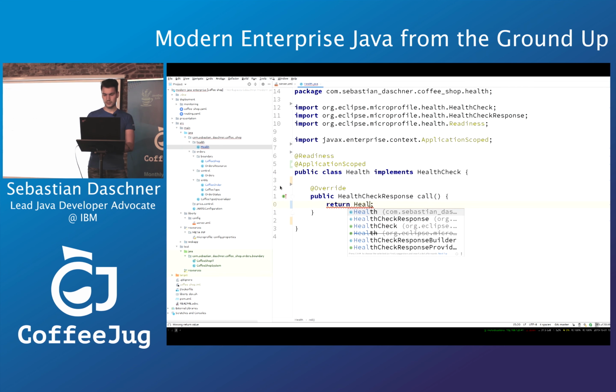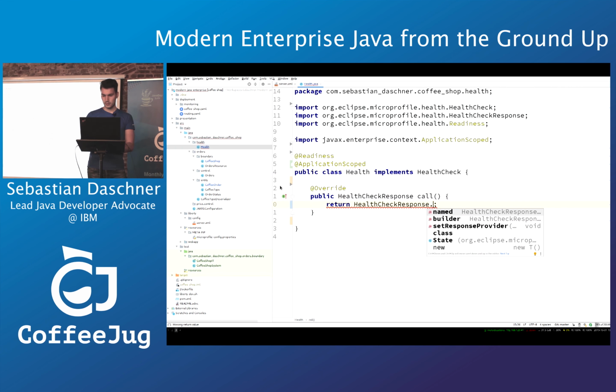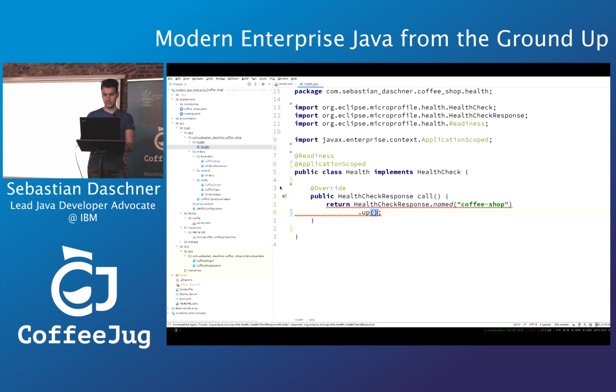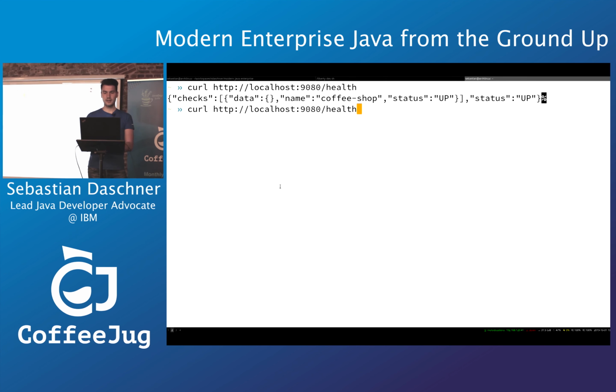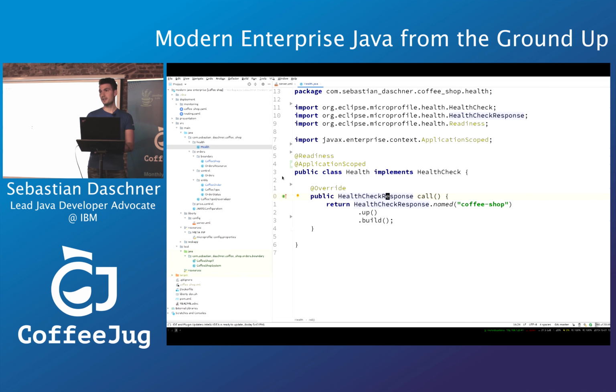So what I will do, health check response named coffee shop up build. It includes some basic health checking, so that now if I call my application with curl, it will introduce a default endpoint under /health that tells me, oh great, now I have a coffee shop and its status is up, since I included that, right?